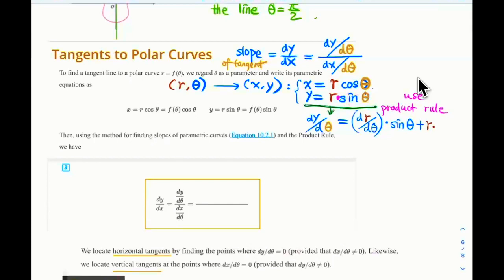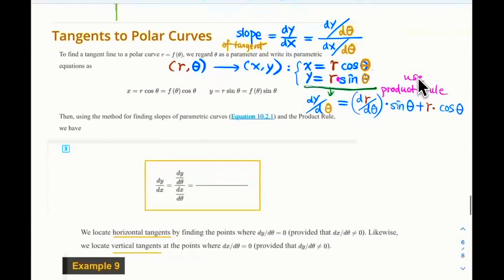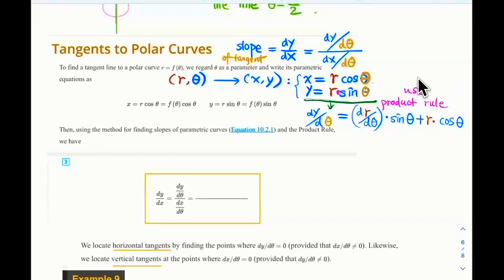Yes, you got it. So that will be cosine θ. So this is exactly what we have here. Let me just copy this and put it over here. So that will be the numerator there. Okay, that's dy/dθ.